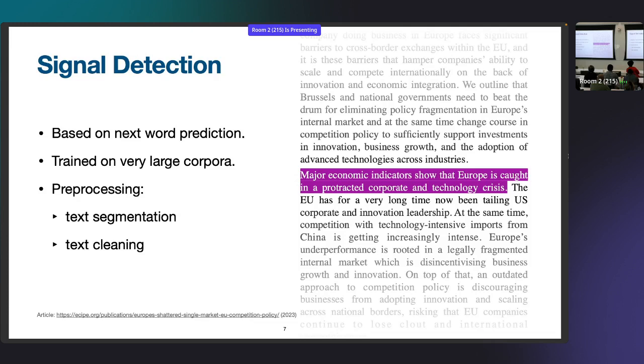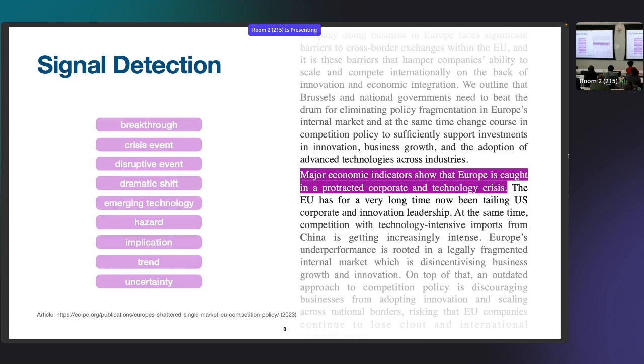This means that each single sentence is identified and cleaned of irrelevant information that we don't need to process. In this case, we have a collection of potential signals, and each of them has a type, and here we have a collection of different types.